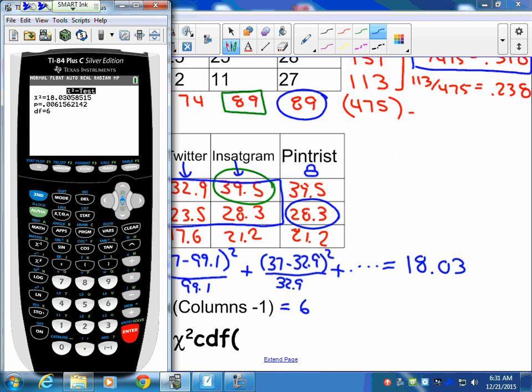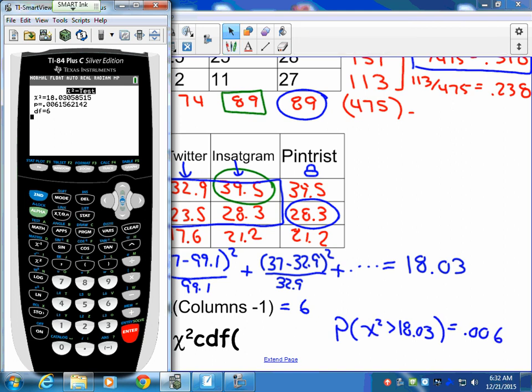You know, the probability that our chi-squared value is greater than 18.03 equals 0.006. And then it also gives us our degrees of freedom as a reminder of that.